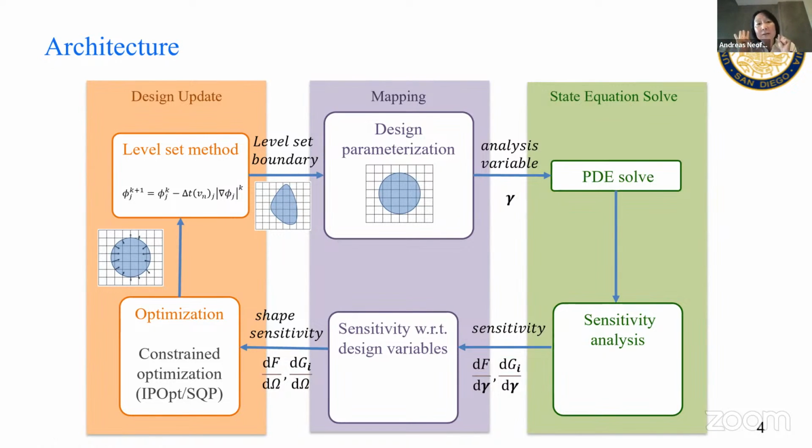So our design parameters and our state variables are decoupled, and as long as there's a mapping between the 2, we can apply this framework to all topology optimization methods. This also means that we don't necessarily have to use the finite element method. Any kind of PDE solve on the right-hand side is applicable, and we can map it between the 2. Using this framework, we've developed the fluid structure interaction solver with topology optimization.